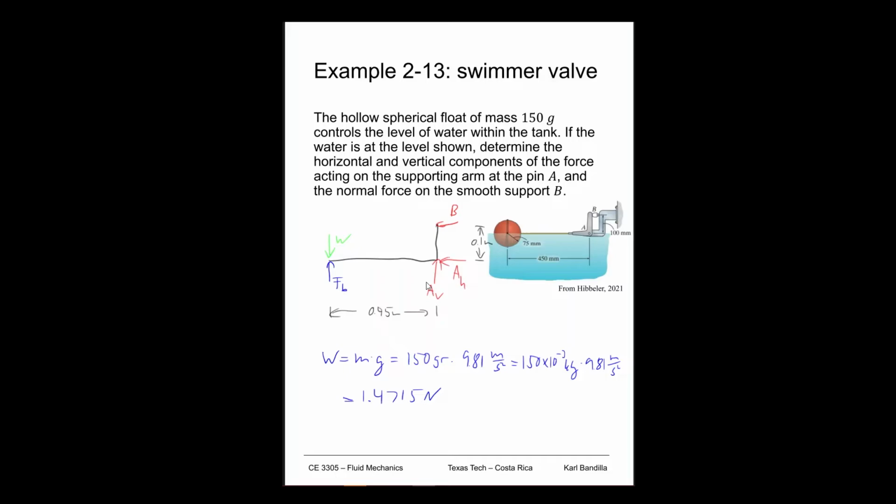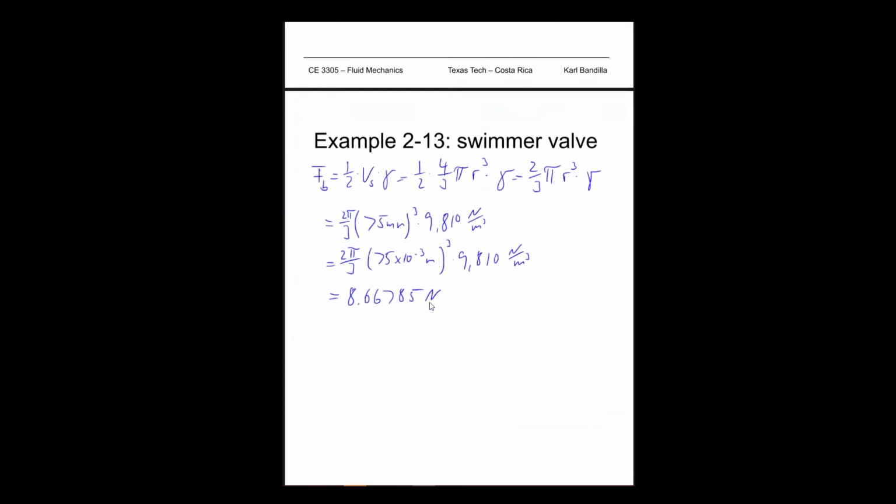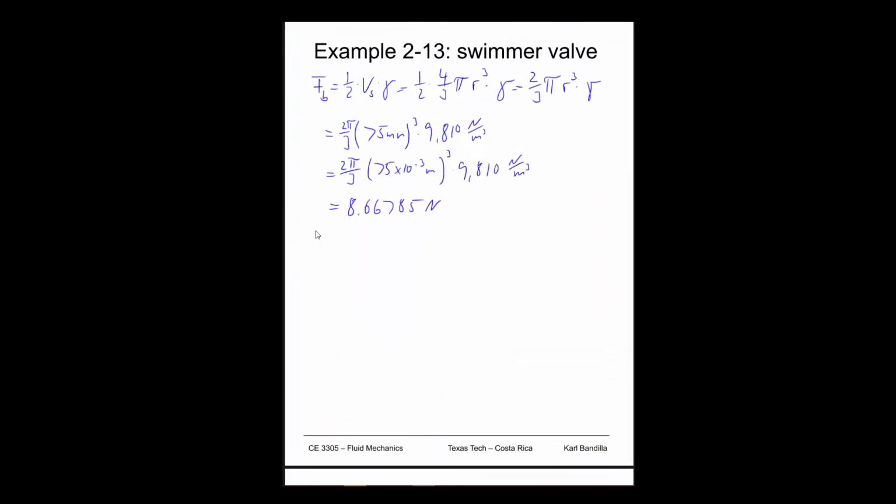Now we have the two forces, which means we're left with three unknowns, AV, AH, and B, and of course we have three equations. We'll start with B. We can do a moment around point A, and then B is going to be the only unknown. So the sum of moments around A is equal to 0.